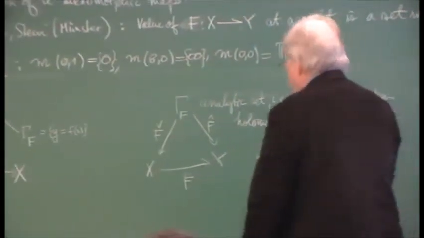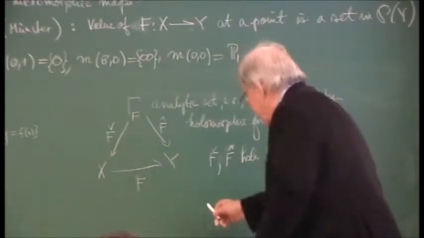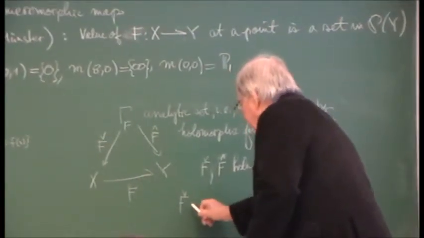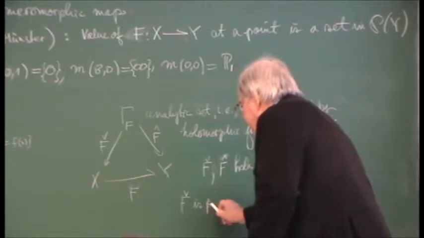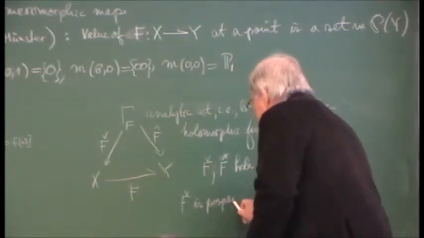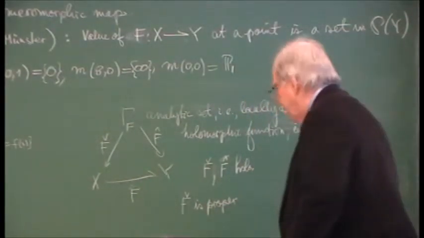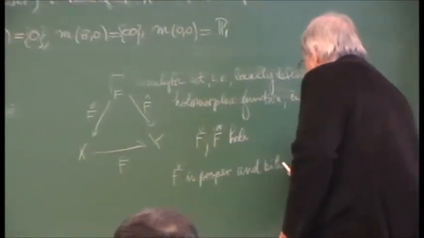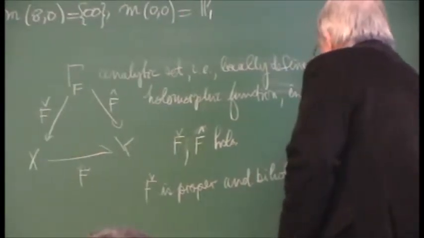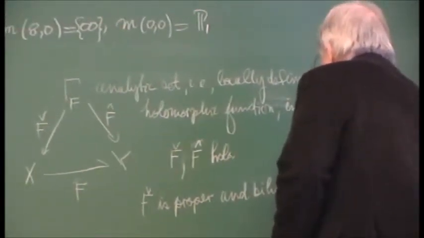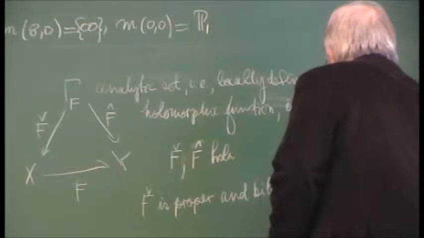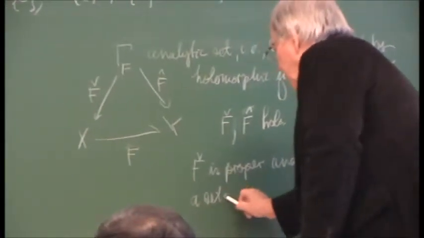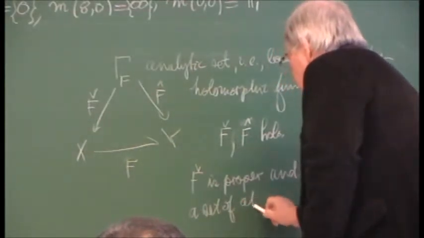It's holomorphic, these are of course holomorphic, but the key thing is that this map to the left here is a proper mapping. This is very, very important. It means the inverse image of compact sets is compact, and it is biholomorphic outside a set of at most codimension 2.